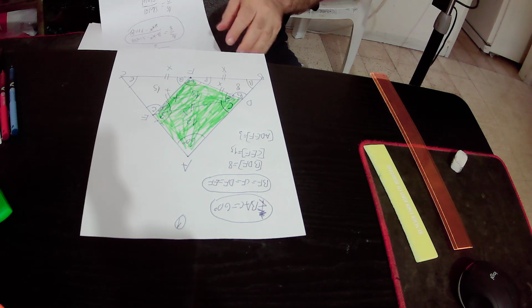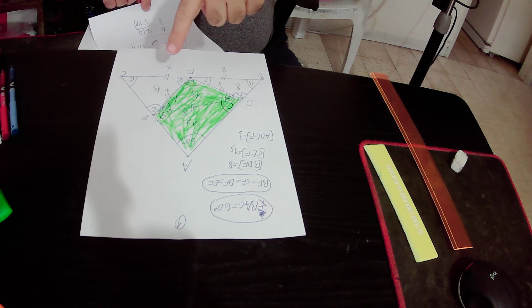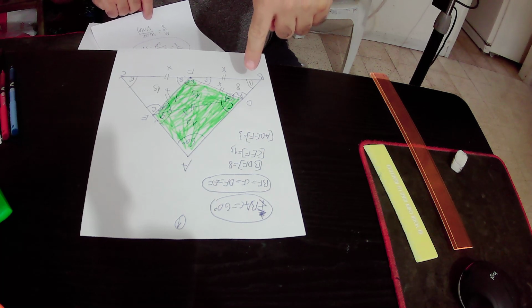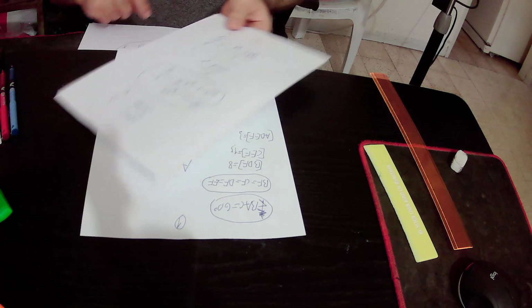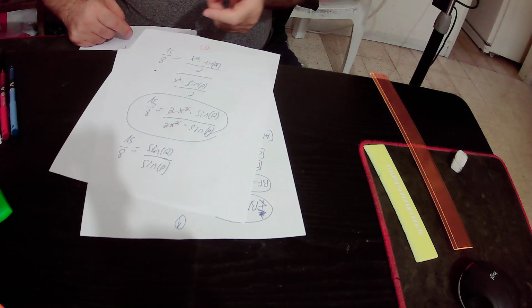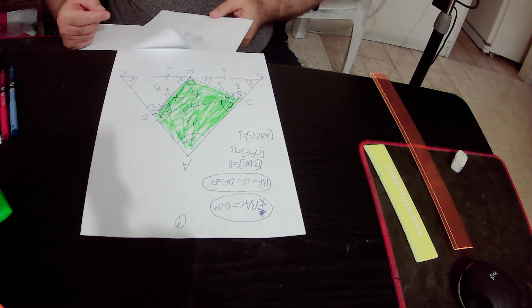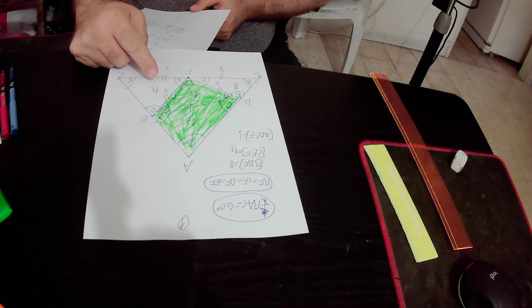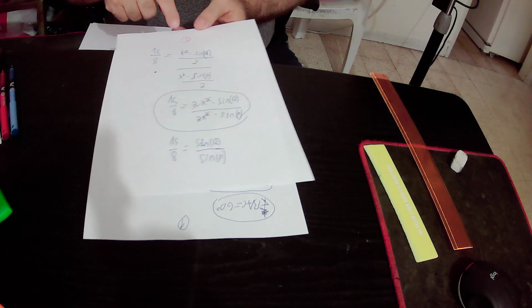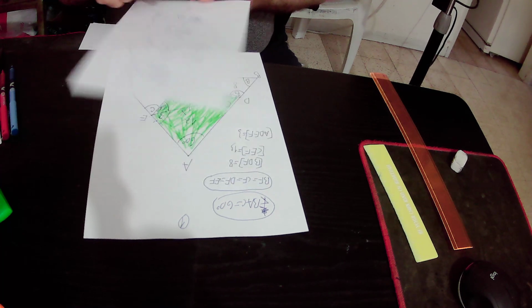We know that the ratio between the area of triangle FEC to the area of triangle BDF equals 15 over 8. So 15 is the area of the big triangle, and the area of the big triangle, according to the formula that I presented to you, equals x times sine q over 2.